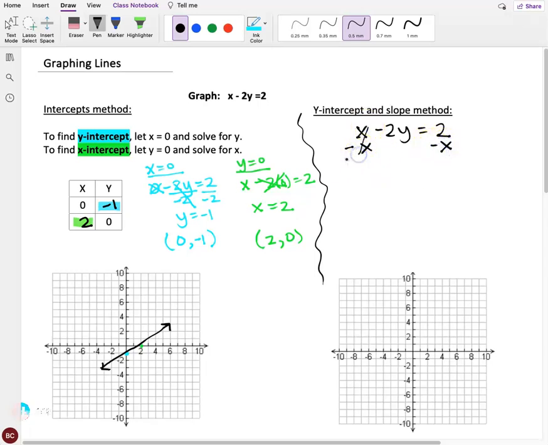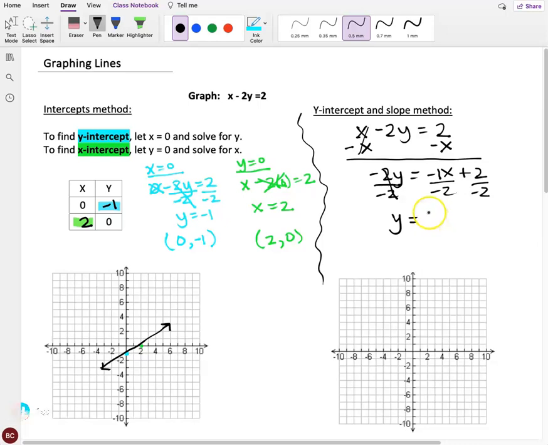And when we do that, we have negative 2y equals negative x plus 2. But then y is not by itself yet. We need to divide everything by negative 2. All right, and so when I do that, my y is now by itself. I get y equals, and negative divided by a negative is a positive, and this is kind of like there's a 1 there, right?